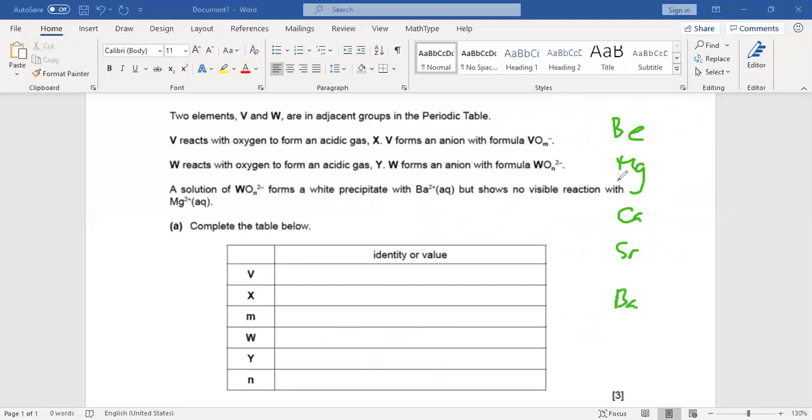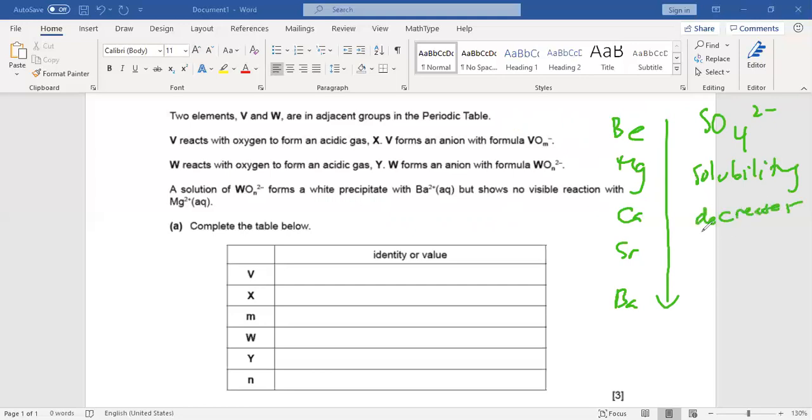If you remember, down the group, the solubility of sulfate decreases. So if you have Ba 2 plus and SO4 2 minus, it will immediately give a precipitate, and the color of this precipitate is white.